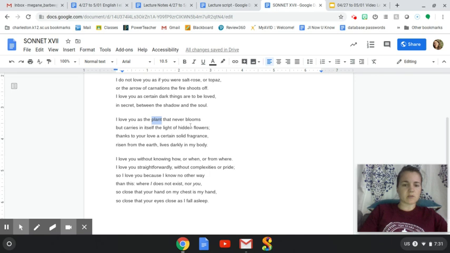You see a plant that blooms, hidden flowers, the fragrance of the plant. A carnation is a type of plant. He alludes to flowers that bloom, but then says that their love is like a flower that doesn't bloom. It could if it wanted to, but their love has to exist without being showy or ostentatious or boastful because technically it's forbidden love. He's married.